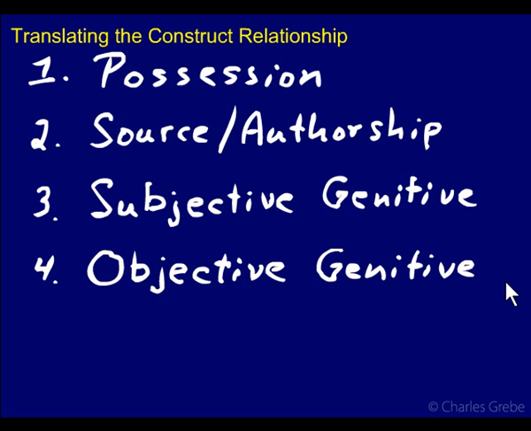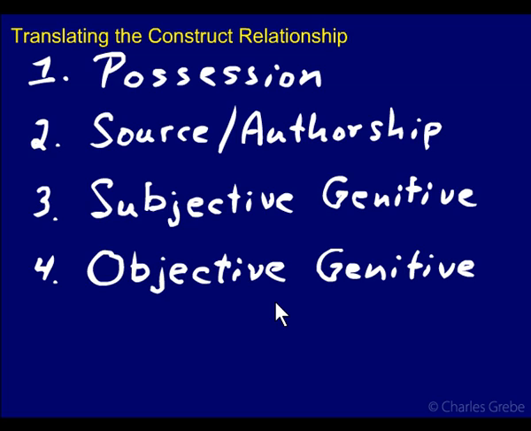Subjective genitive and objective genitive, these occur when the construct is a verbal noun, a noun that has a verb counterpart to it, and subjective means that the absolute or the genitive is the subject, so the absolute is doing the action. In the objective genitive, the absolute is receiving the action. Is the object of the action.